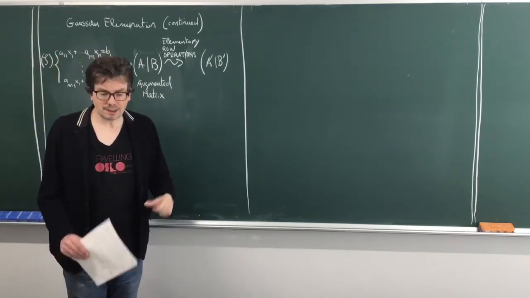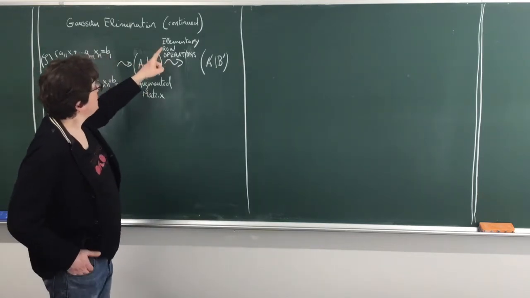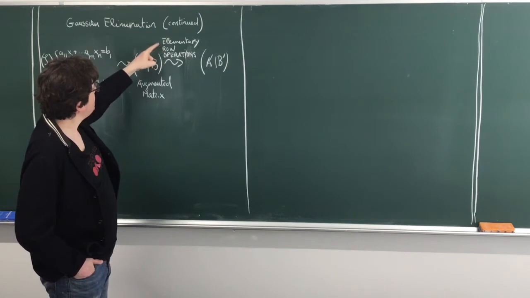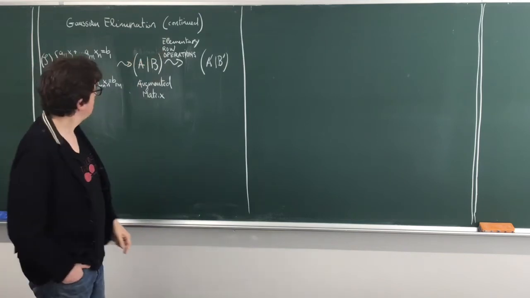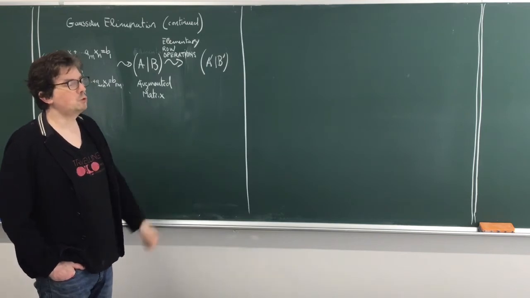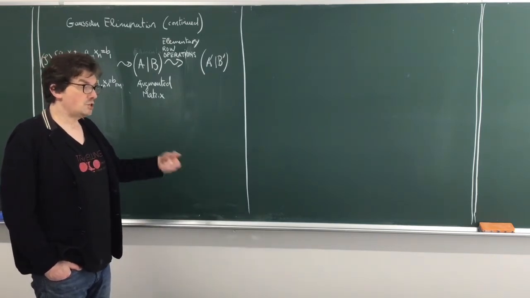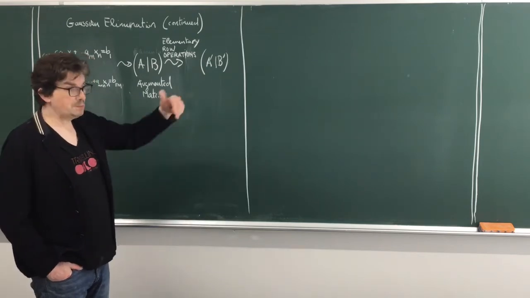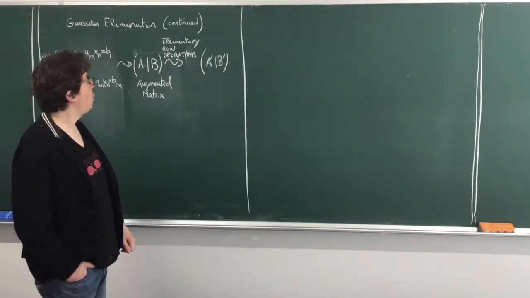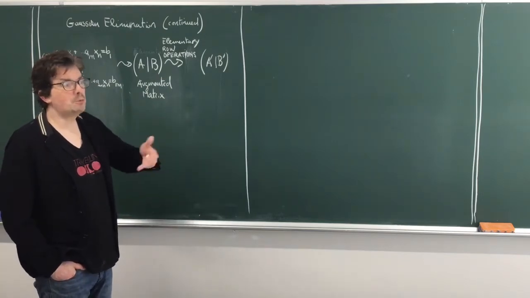Then we have seen that if we start from any such matrix, we can transform it by elementary row operations of three types. Remember, we can swap two rows, we can multiply a row by a non-zero scalar, or we can add to a row a multiple of another row.